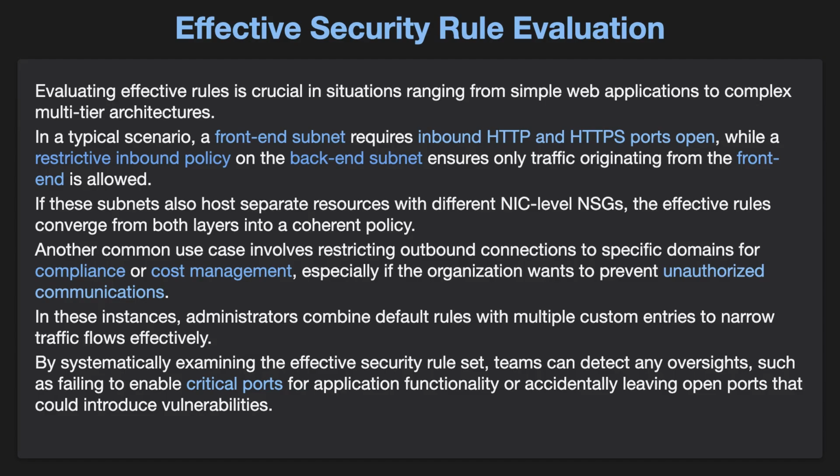If these subnets also host separate resources with different NIC-level NSGs, the effective rules converge from both layers into a coherent policy. Another common use case involves restricting outbound connections to specific domains for compliance or cost management, especially if the organization wants to prevent unauthorized communications.